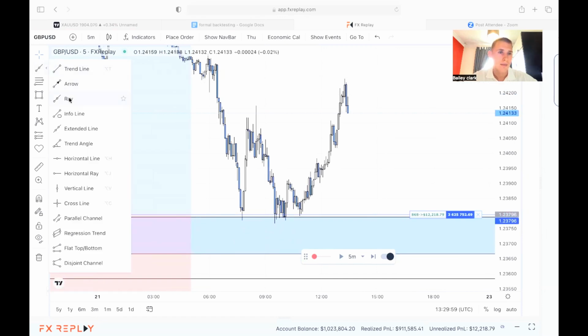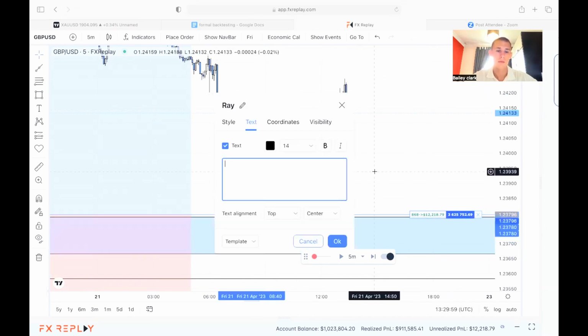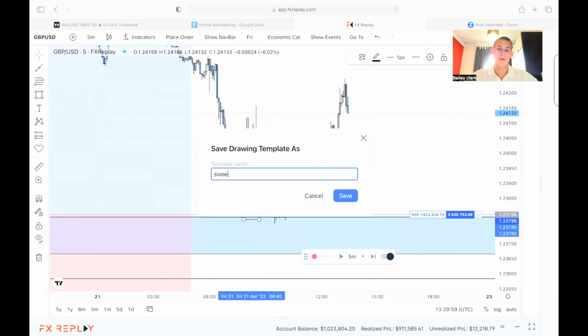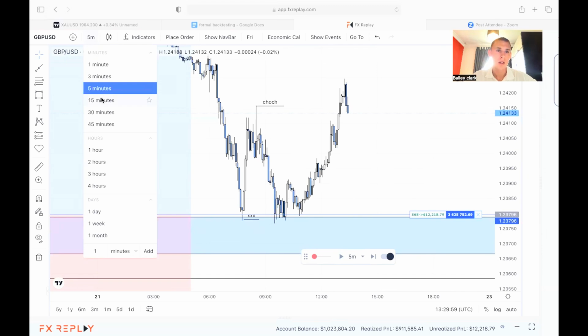So we have the sweep. And obviously then the change of character, as this is a break of structure in the opposite direction to the trend.